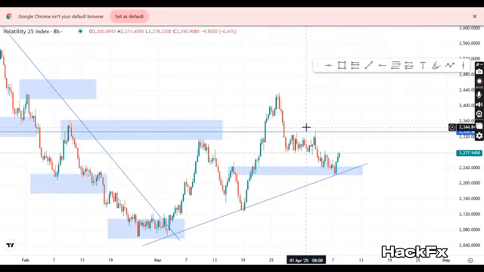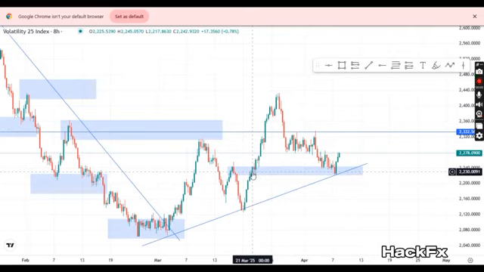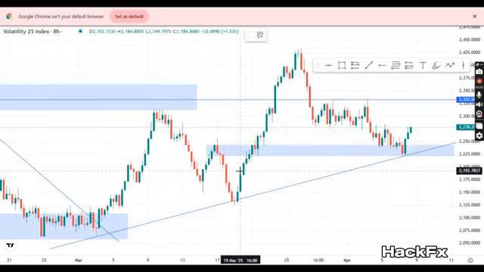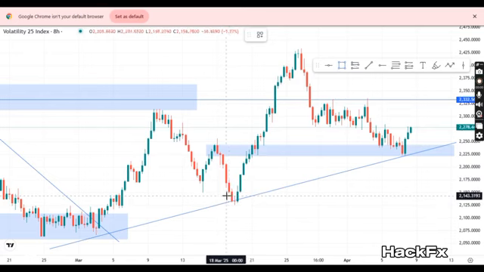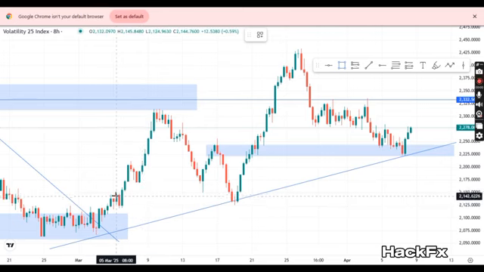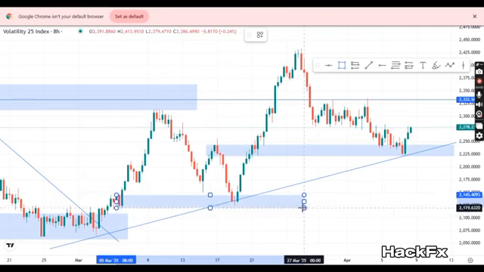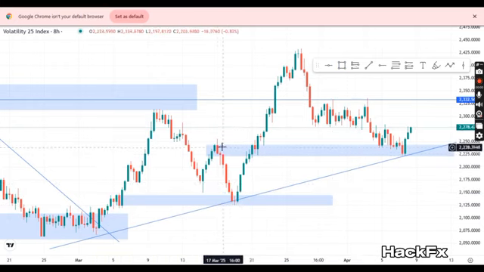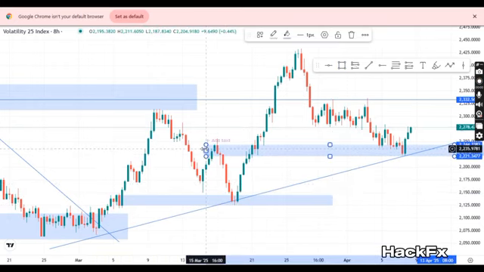You know why it is a demand zone? How you know a demand zone is that you see a cluster. There are two demand zones in this bullish trend. Here, number one, here is a demand zone. See, this place is a demand zone, and this place also is a demand zone.